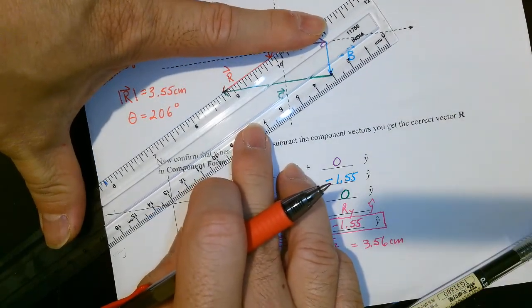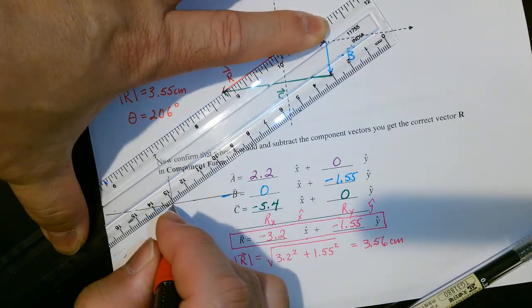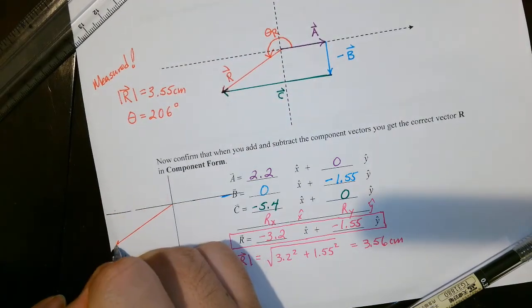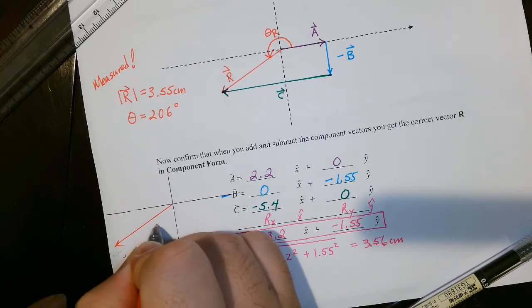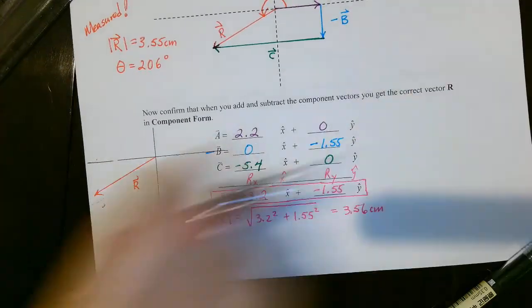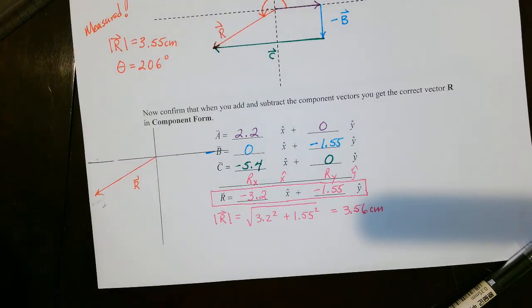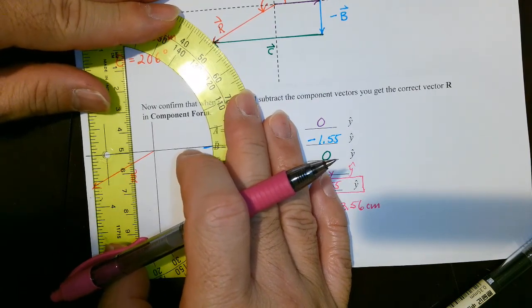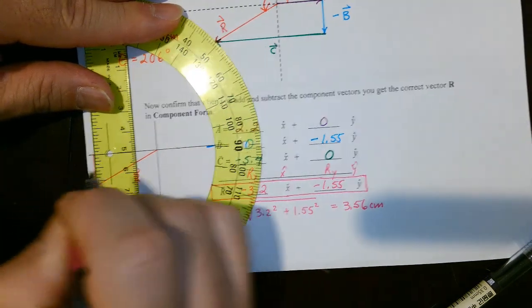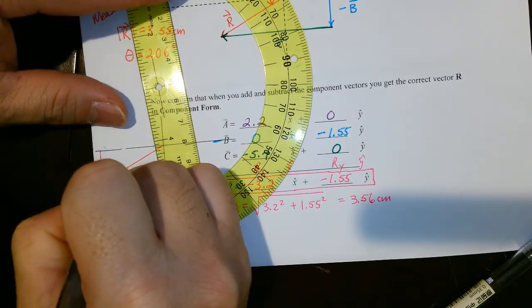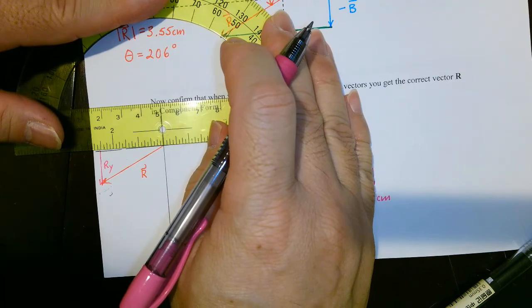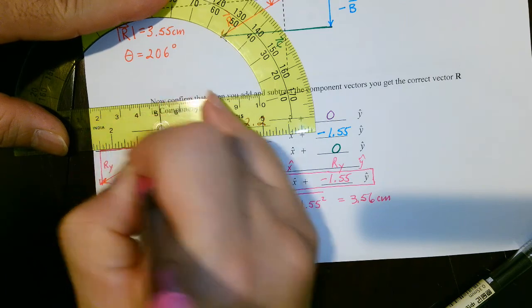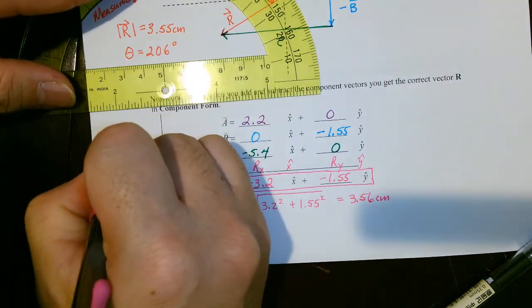So let's say this is my vector r. Then this would be my ry, here's my ry, and here's my rx.